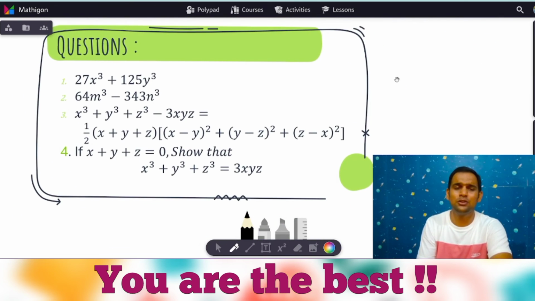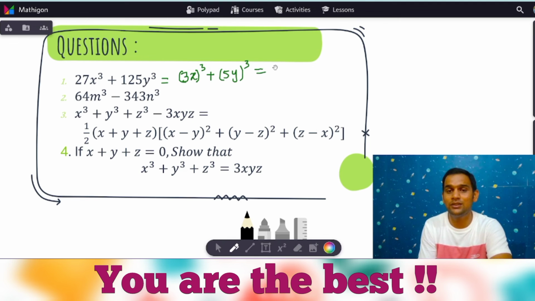Yes, let's quickly go through a few questions. 27x cubed plus 125y cubed. How can we write it as? 27x cubed can be 3x to the whole power 3 plus 5y to the whole power 3. Can I write it like that? Because 5 cube is 125, y cubed obviously will remain y cubed.